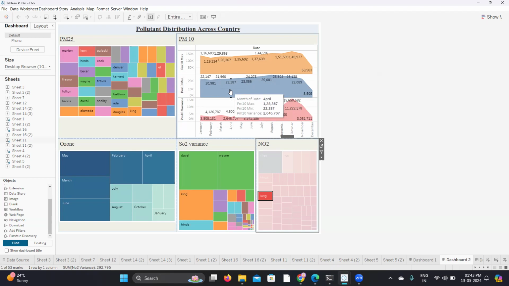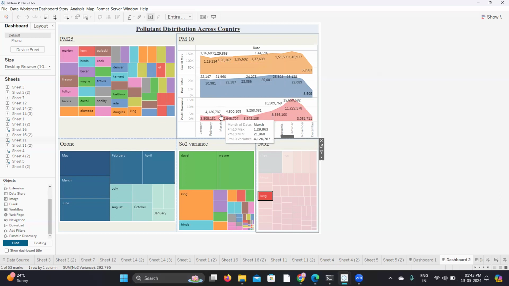So we have the other chart, which is for PM10 with max, min, and variance, where in the x-axis we gave the months and in the y-axis we gave the elements. We have taken 3 colors, pink, blue, and orange. If we see for March, the PM10 max is around 1,29,000, and the PM10 min is the same.